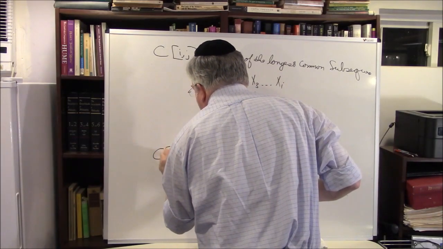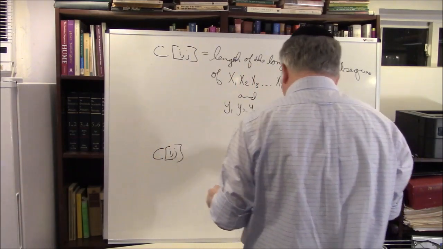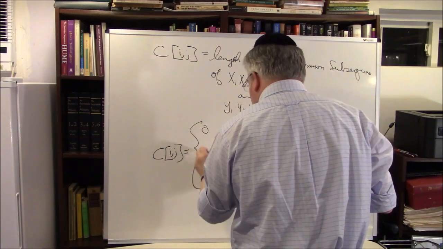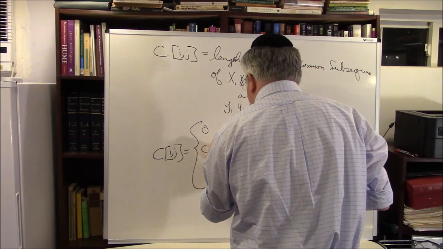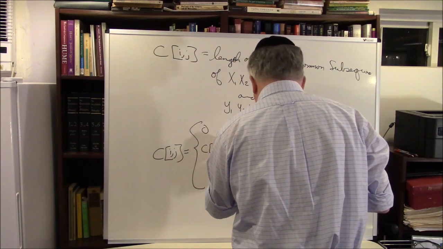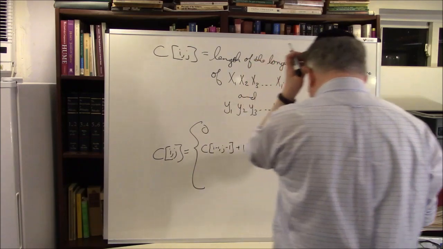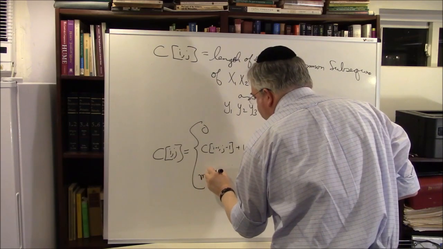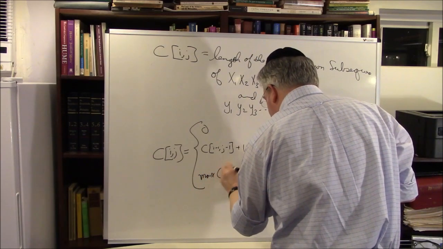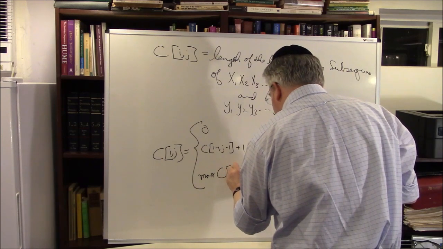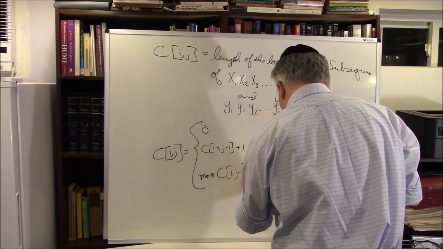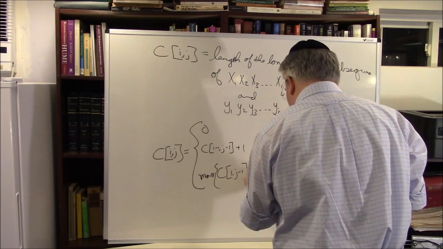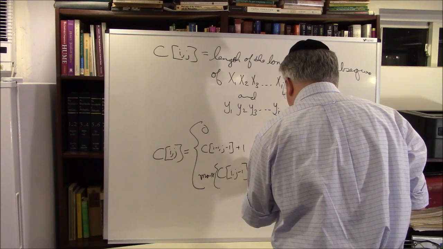C[i,j] is equal to one of three things: 0, or C[i-1,j-1] plus 1, and I'll give you the reasons why, or the maximum of C[i,j-1] and C[i-1,j].